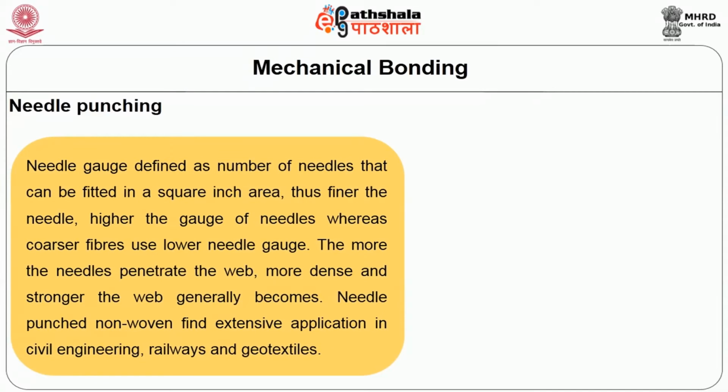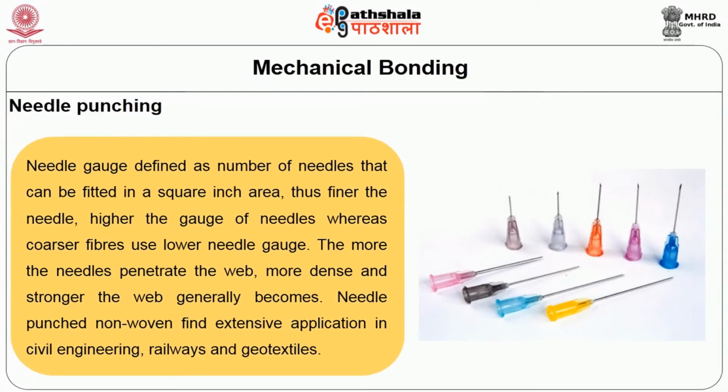Needle gauge is defined as the number of needles that can be fitted in a square inch area. Thus, the finer the needle, the higher the gauge, whereas coarser fibers use low needle gauge. The more needles penetrate the web, the more dense and stronger the web generally becomes.